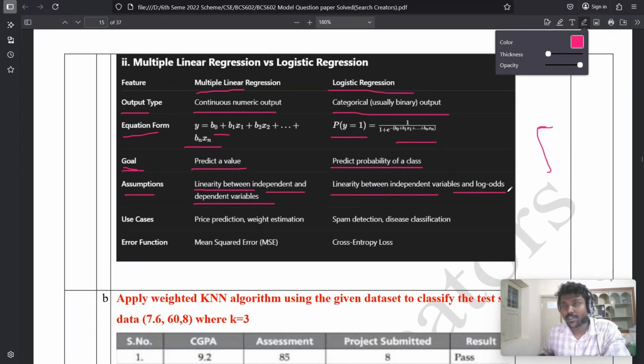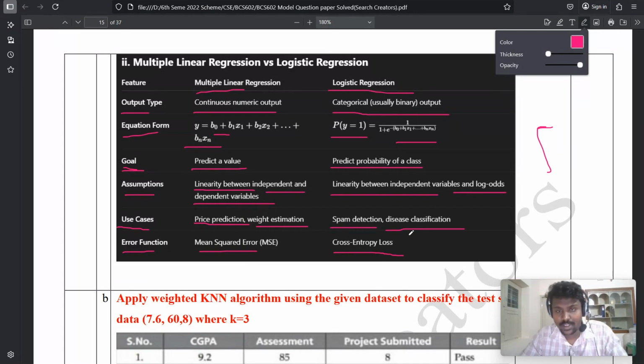Use cases: multiple linear regression is used for price prediction and weight estimation; logistic regression for spam detection and disease classification. Error function: mean squared error for multiple linear regression, and cross entropy loss for logistic regression. I hope you know these concepts in machine learning.